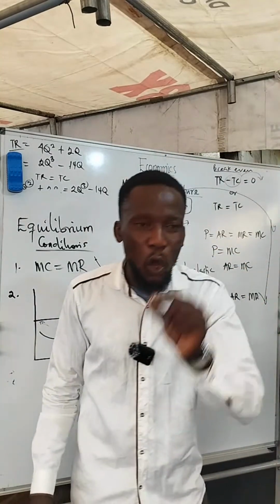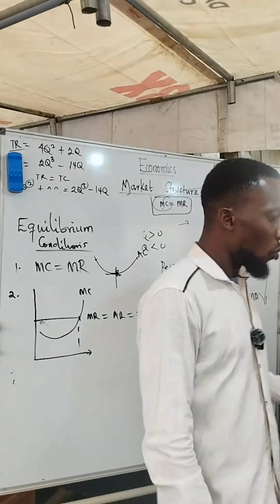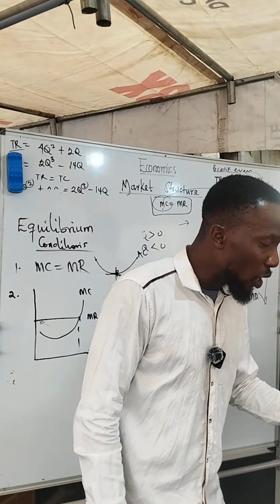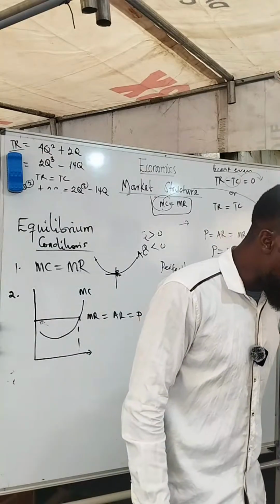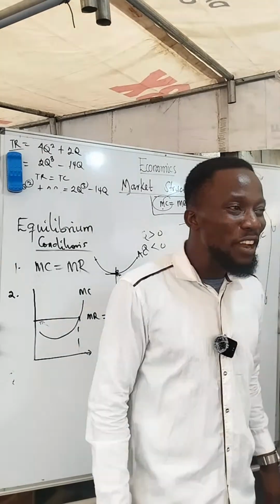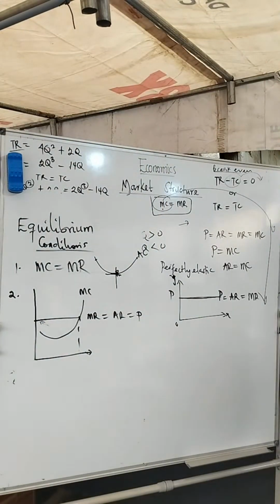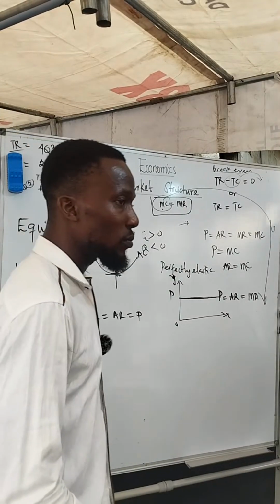Now, what is long run equilibrium? What is the long run? The long run is a period in which all costs vary with the level of output.